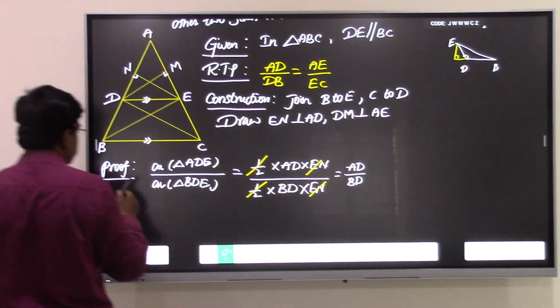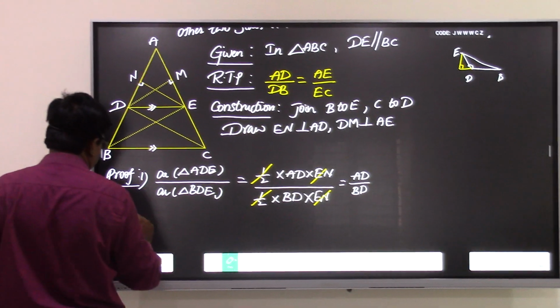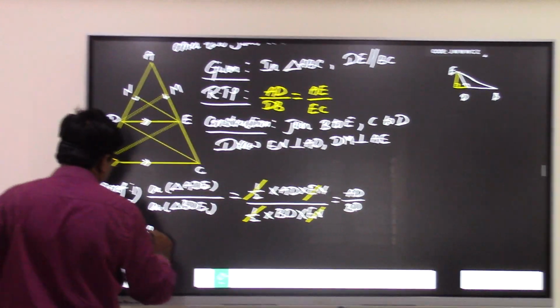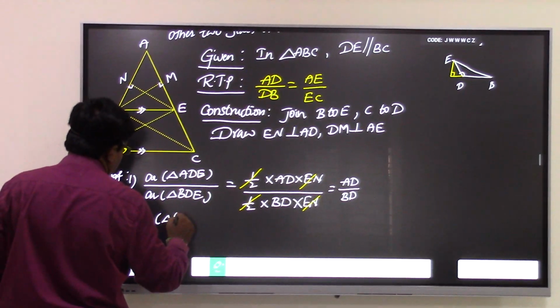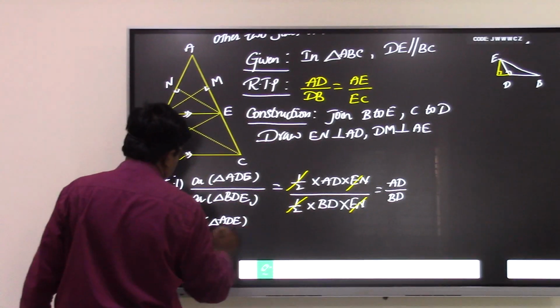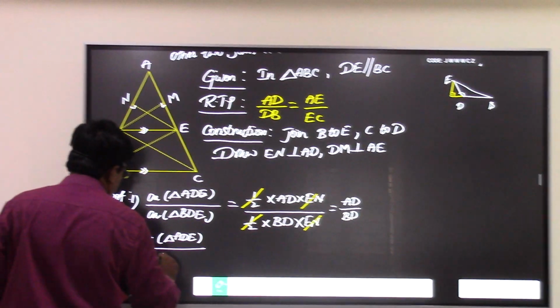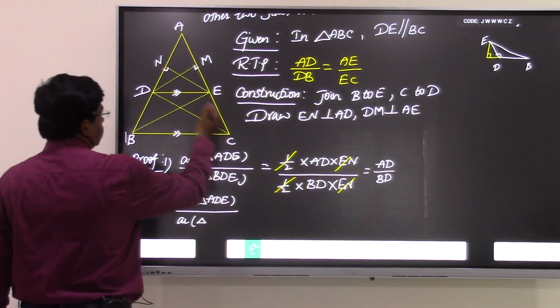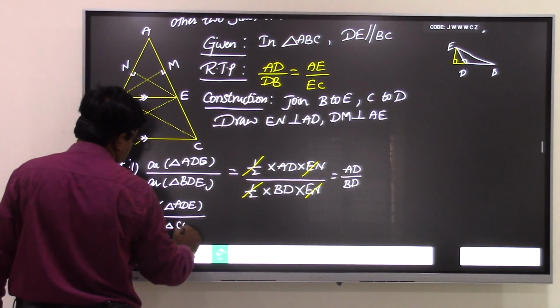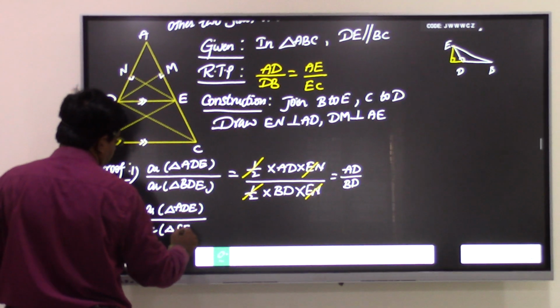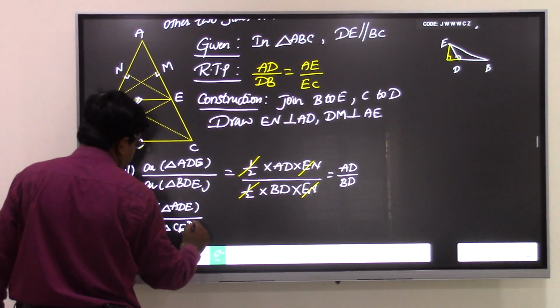This comes as the first point. Now the second point: area of triangle ADE by area of triangle CED. Why?